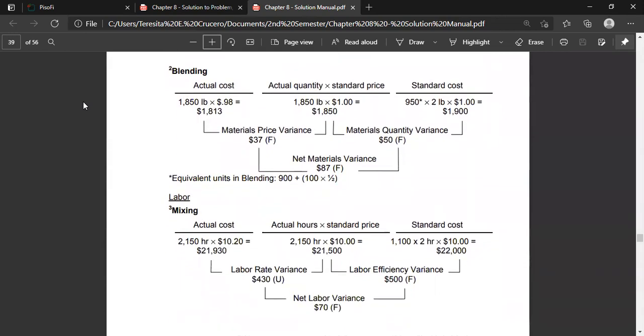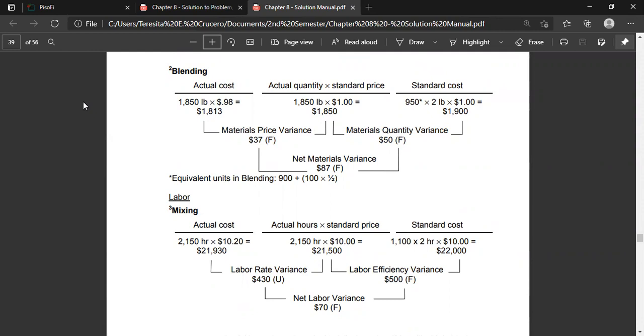Again, the blending, the material price variance is 37 favorable, taken by comparing 1850 by 1813. So there's a difference of 37 is favorable because the standard price is greater than the actual price.